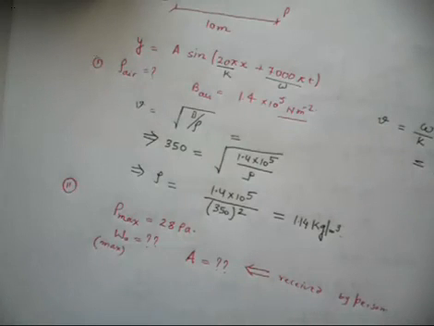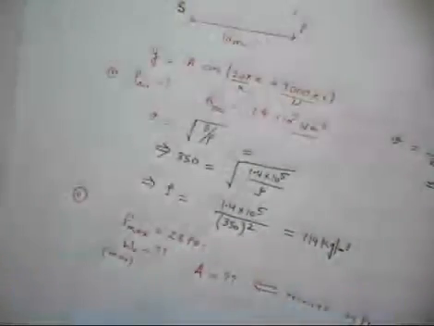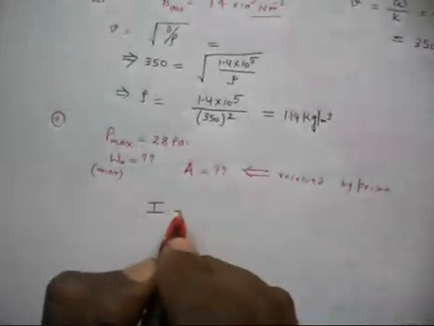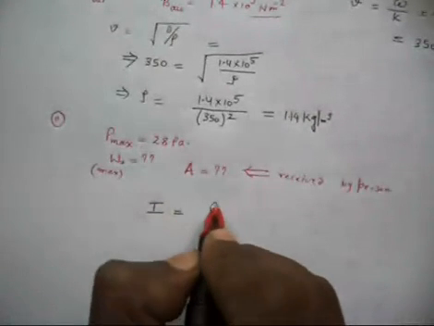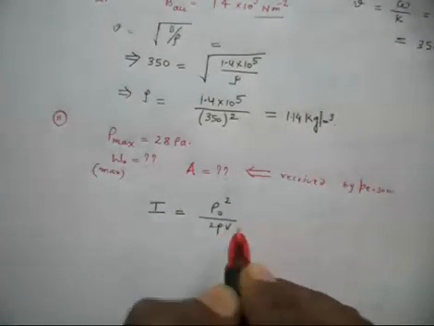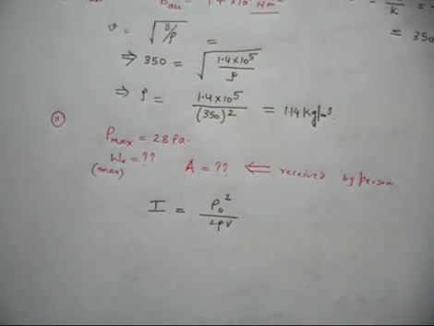Do you remember there is a relationship between pressure and intensity? Many people do not remember this equation, but this equation is very important. Intensity is given as P naught square by 2 rho v. This expression is important, so you have to remember it. Now we know the rho, we know the v, and we know P naught.